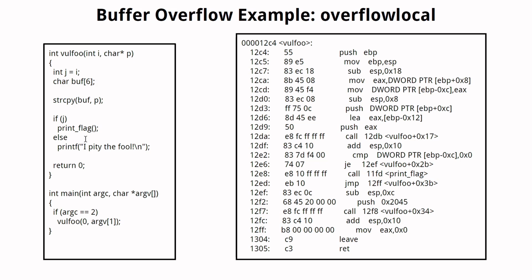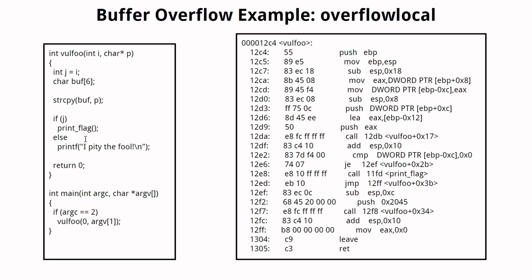It's 6 bytes. Then we do a string copy from pointer p to the local variable buff. Then if j is not 0, basically, we will print out the flag. Otherwise, it will print IPT the full.